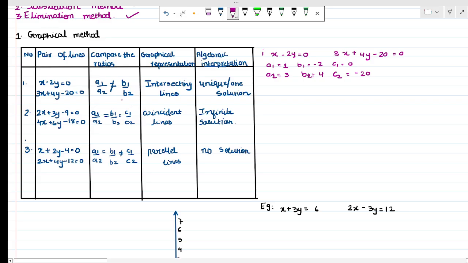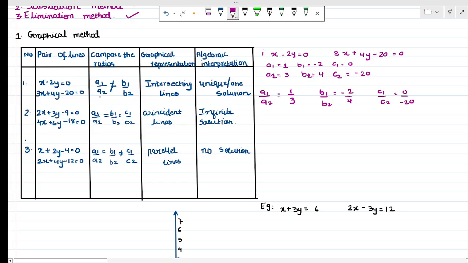Now as this comparison shows a1 upon a2, I can write it as 1 upon 3. For b1 upon b2 I can write it as minus 2 upon 4. For c1 upon c2 I will write it as 0 upon negative 20.